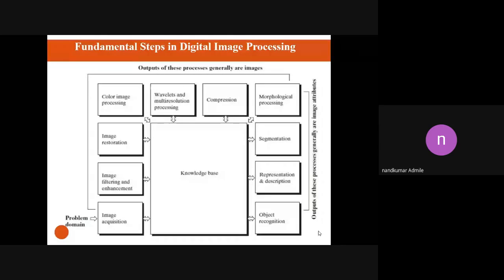How the development was done in image processing, how it can capture images from galaxies, how it is used in healthcare, who developed X-ray, who developed MRI. That part we study in the history of image processing.